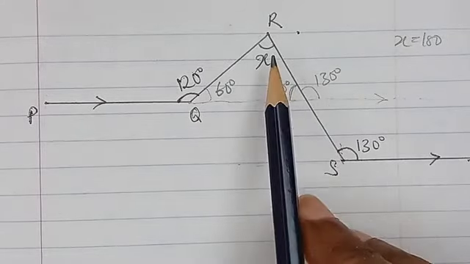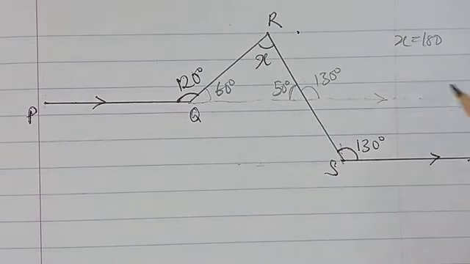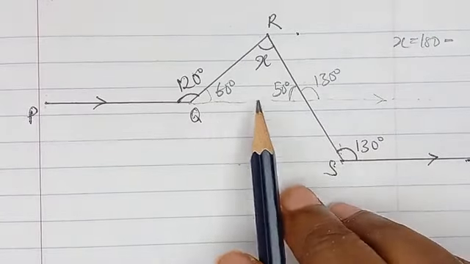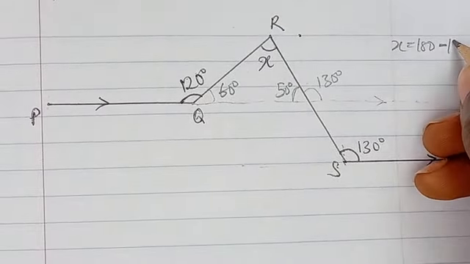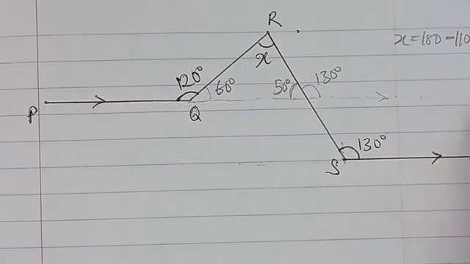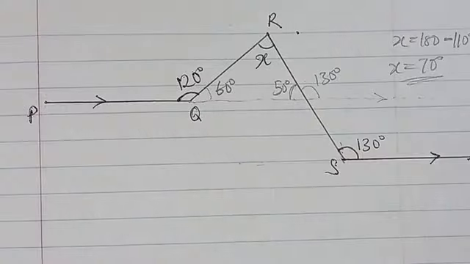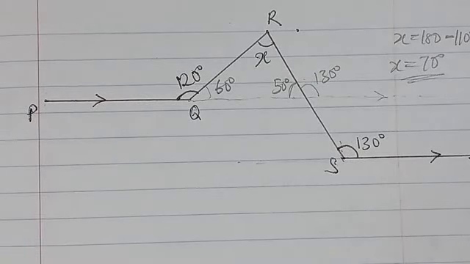Or you could use exterior angles, any one. Okay, 180 minus (60 plus 50), that is 110? No, 180 minus 110, and then we have that x is equal to 70 degrees. So you can see that solving these is very simple.